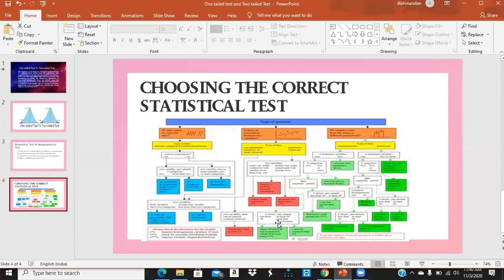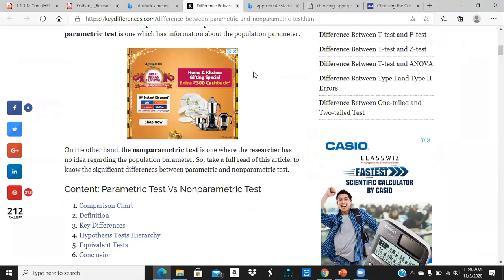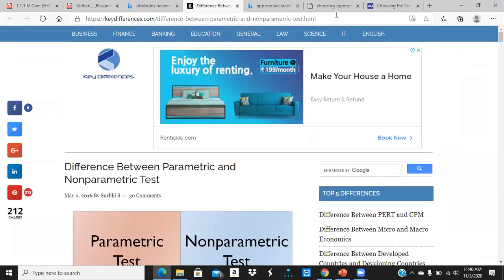It is not easy to understand, because in our syllabus we are going to discuss only some of the basic statistical tools. There are n number of statistical tools, and out of those we have to choose the proper statistical tool for your respective data. That depends upon various conditions.